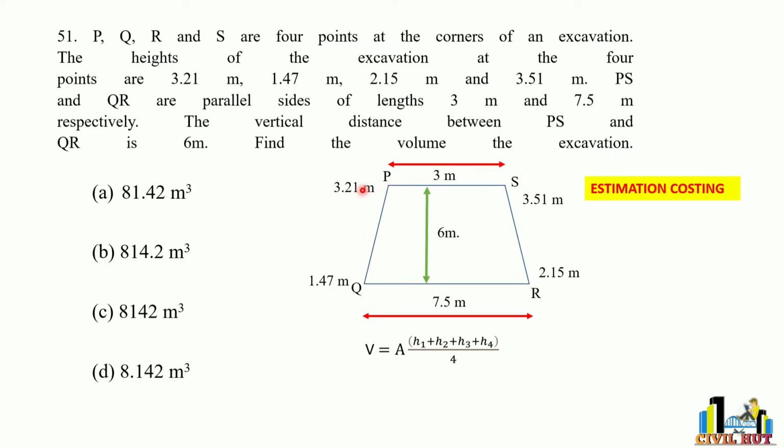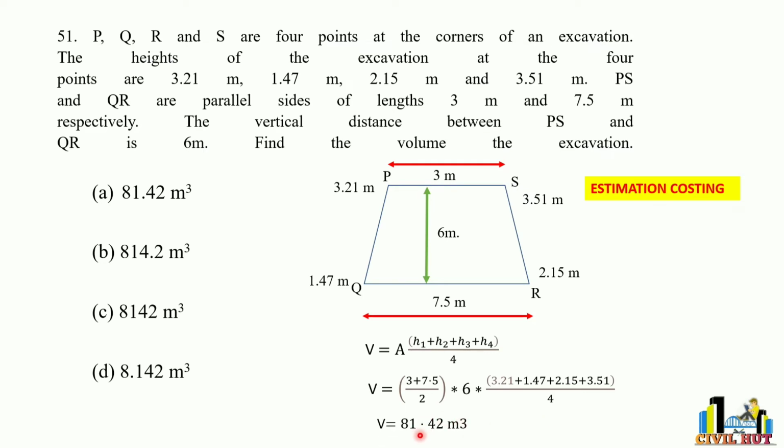So (3 plus 7.5) by 2 into 6, into the average of all the heights: 3.21, 1.47, 2.15, 3.51.